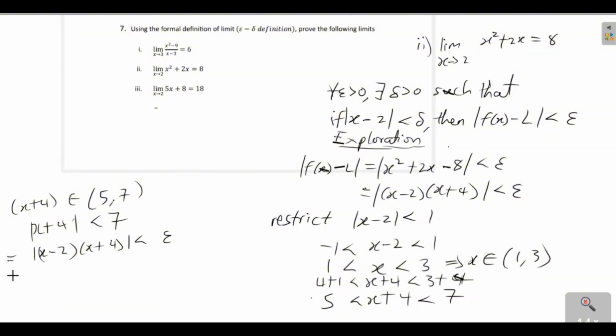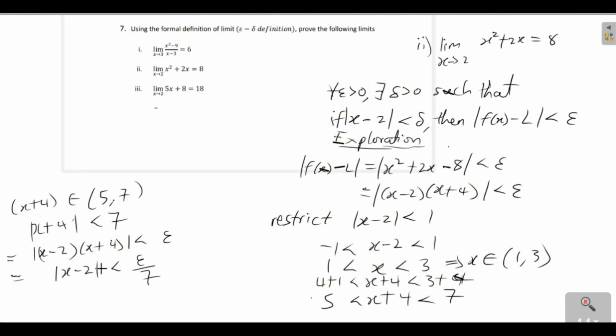Of course, we know that I restricted |x − 2| to be less than 1, and x + 4, I've also bounded it to be less than what? 7. That means that the distance |x − 2| will be less than epsilon over what? 7. Because I've bounded this.